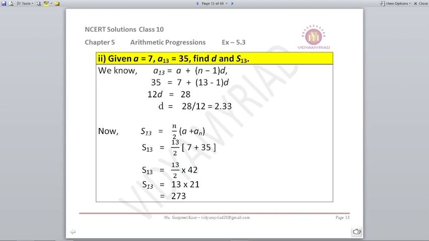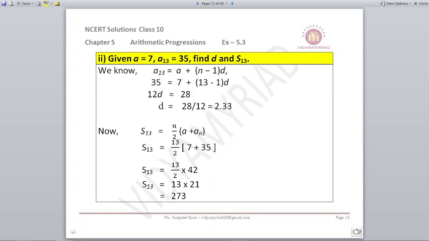Next, a is equal to 7, a13 is equal to 35. Find d and S13. We have a13, so we can put the formula of a13. A13 will be a plus 12d, that is a is 7, 12d. D we don't know, we will find out. A13 value we have is 35. So on solving this, d comes out to be 2.33.